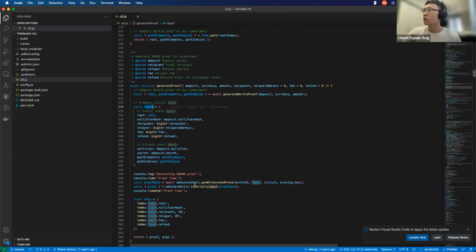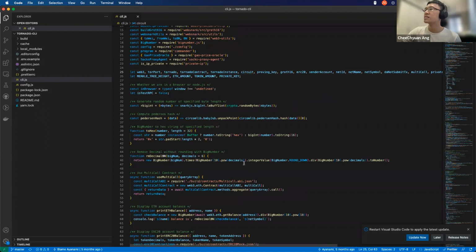Then we will call this generate witness and proof.